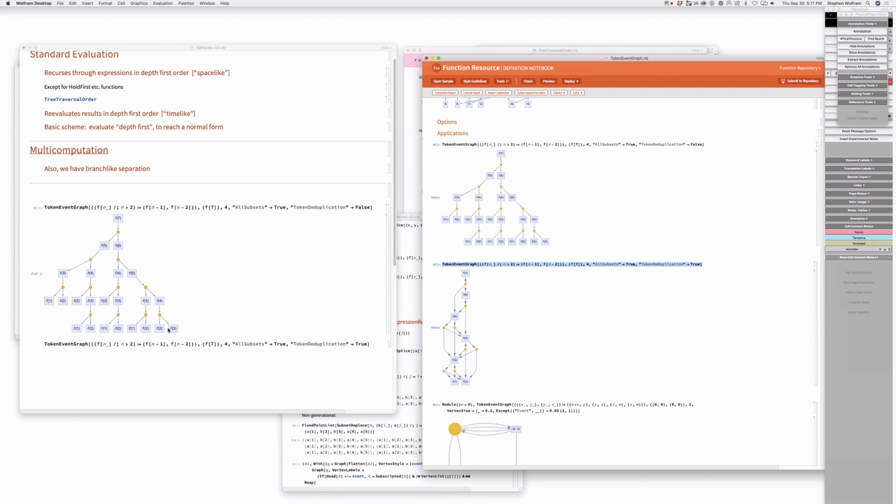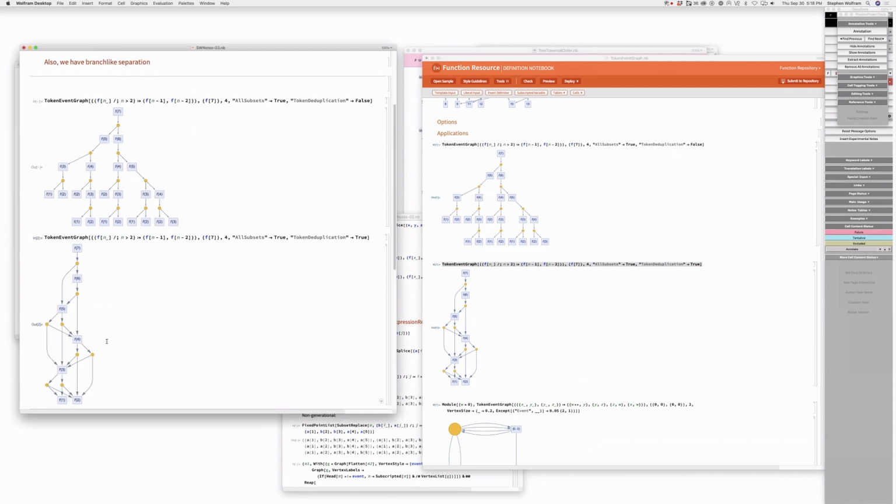Okay, so now notice that this is one where we did deduplication, where we can count paths, but where we didn't actually enumerate all these cases.